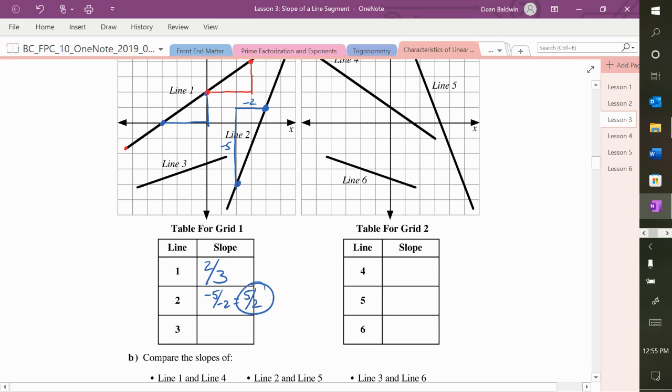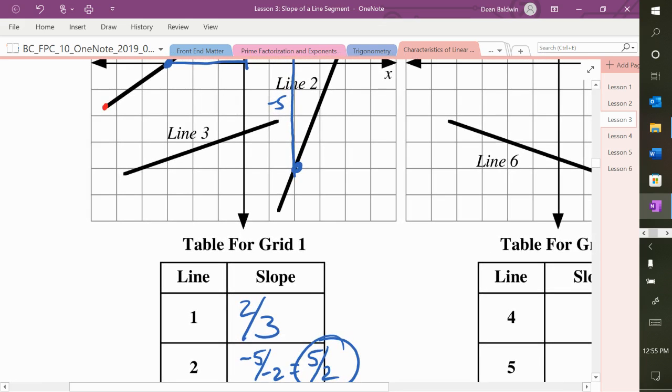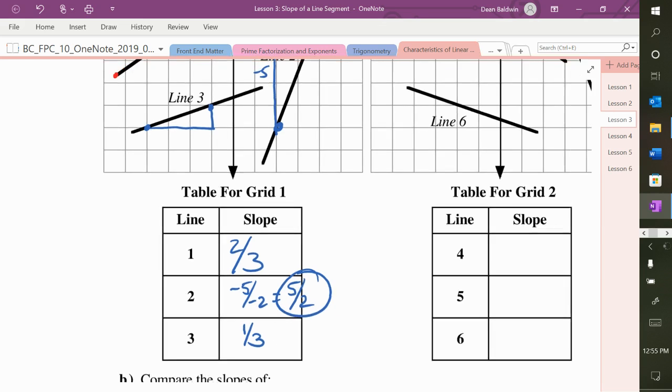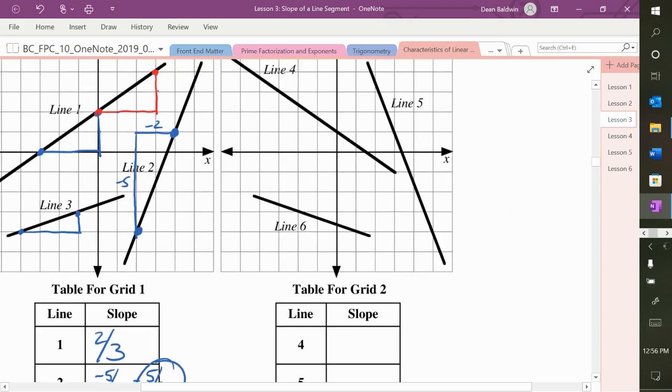All right, what's the slope of line 3? That's your job. Go. Line 3. One-third? All right. Okay. Here is your job.